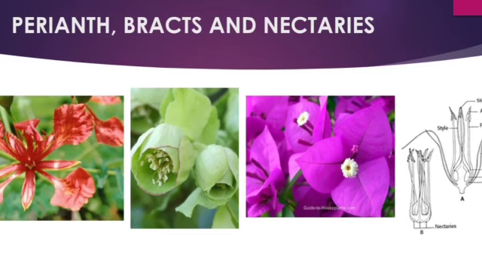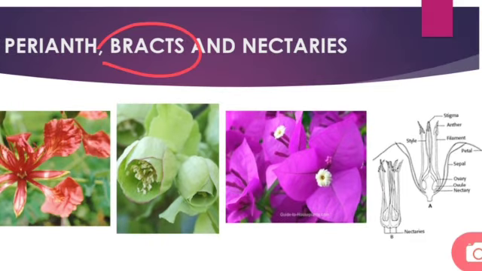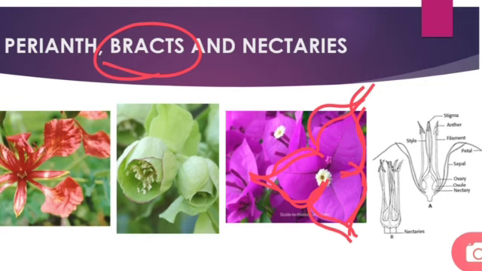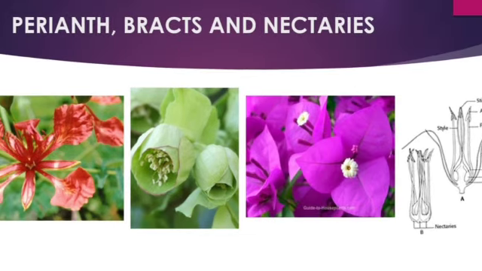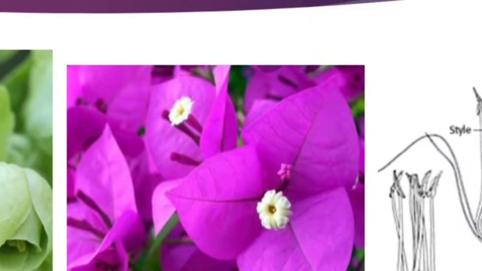Now we'll see what BRACTS mean. BRACTS are found at the base of the flower. Beneath the flower there is a leaf-like structure that protects the flower. These leaf-like structures are known as bracts. If you can see, this flower is also well known to you.